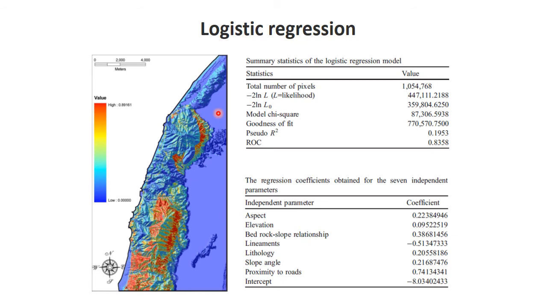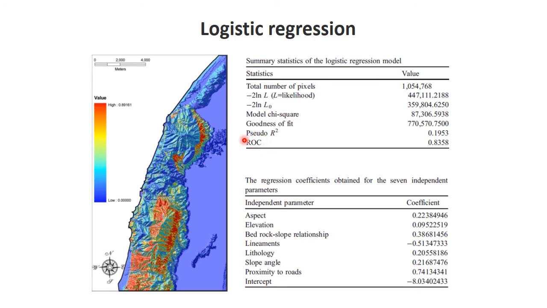We can also look at the predictions. So we could create a map here of probabilities, and then compare those probabilities to the actual landslides. So one is some kind of measure of goodness of fit, chi-squared.